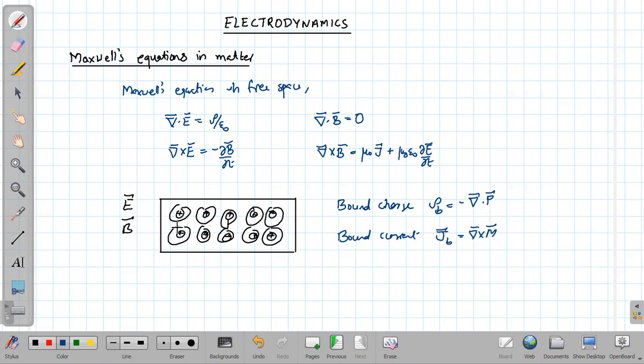On the application of electric field, better I will just delete what we have drawn here. If there is no field present, then there will be atoms.